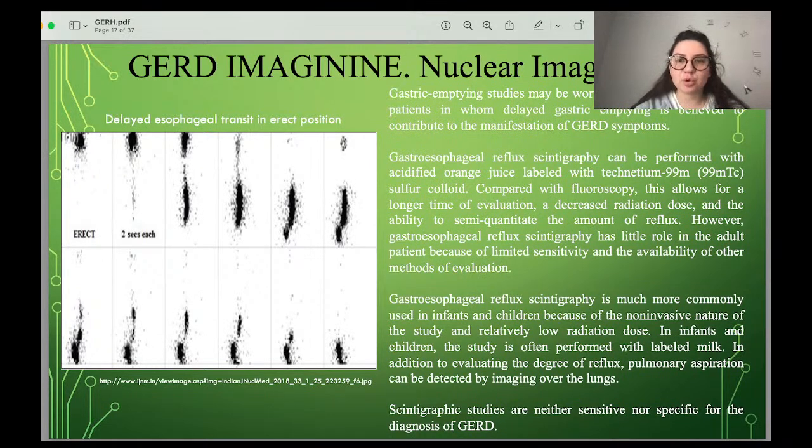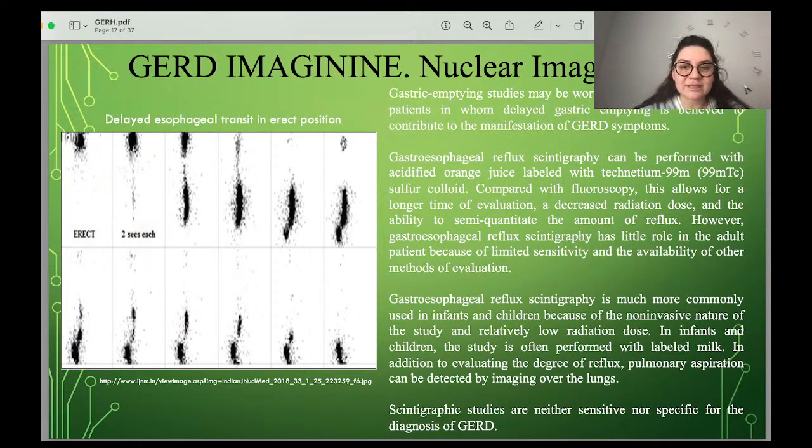Compared with fluoroscopy, this allows for a longer time of evaluation, a decreased radiation dose, and the ability to semi-quantify the amount of reflux. However, gastroesophageal reflux scintigraphy has little role in adult patients because of limited sensitivity and the availability of other methods of evaluation.